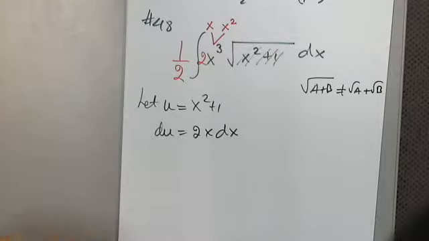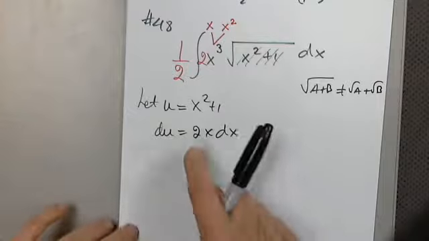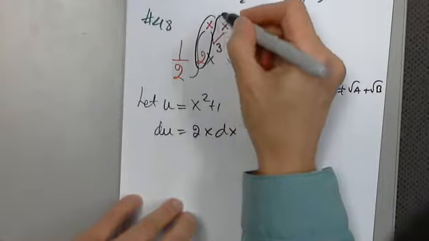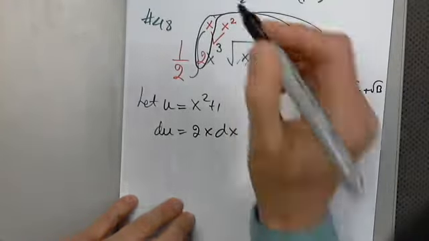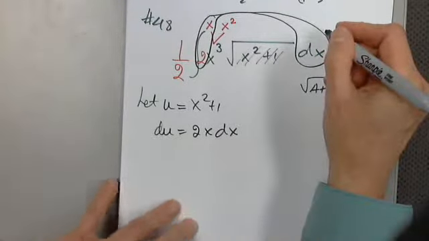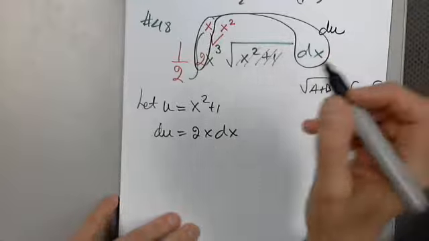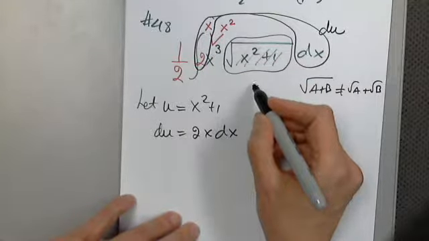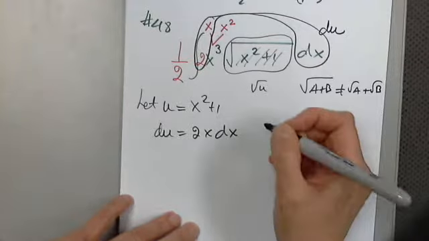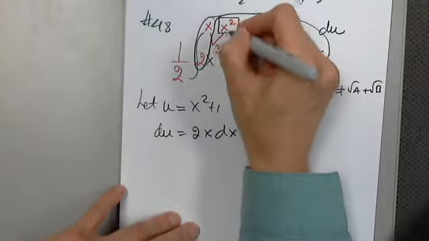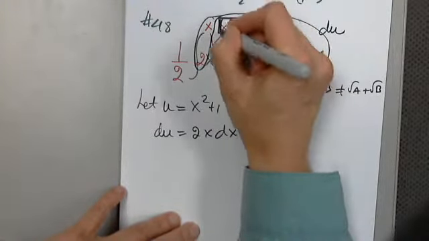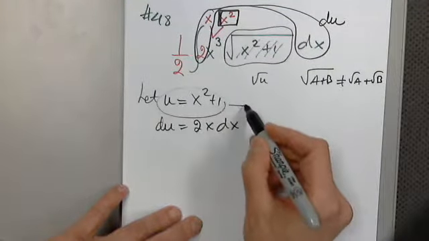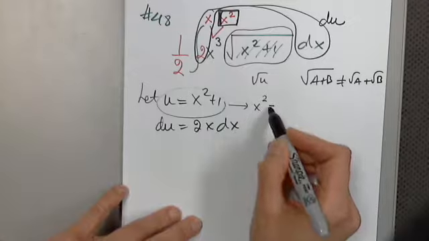So then 2x and dx will form this. And now I still have a piece to handle. It turns out that I can. How much is x squared from here?